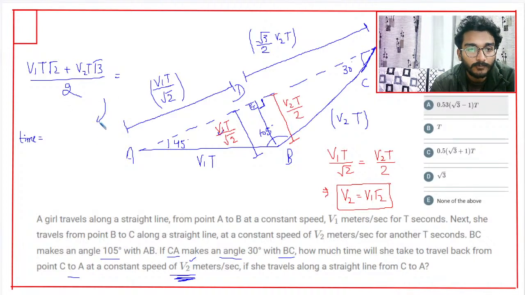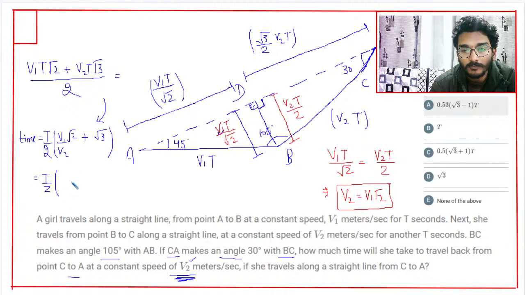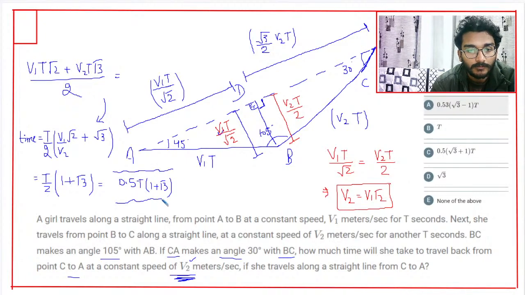So when I divide this thing by v2, I'm getting, taking t common, and root 3. So that's t by 2. And v1 by v2 is how much? v1 by v2 is 1 by root 2. That's 1 plus root 3. Right? So it is 0.5 t (1 plus root 3). So that is our answer for this question.